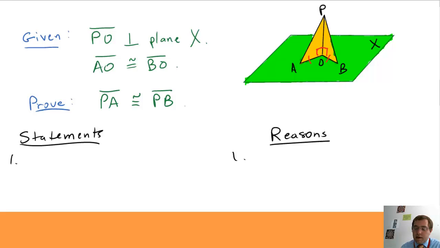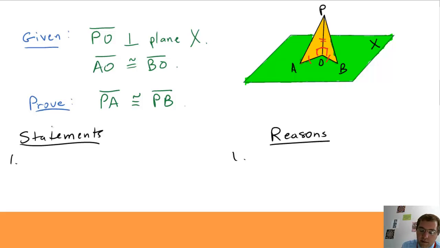I have a set of angles, these two right angles in the middle. I just need one more set of sides that would have those angles in between them, so I need PO congruent to itself. But we know that's true by the reflexive property. So let me just write all of that out.